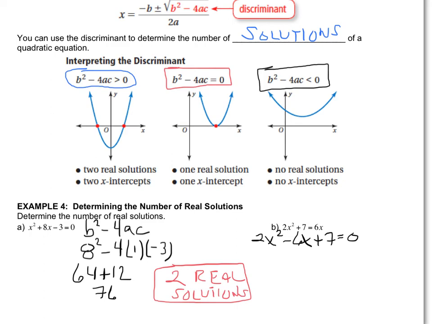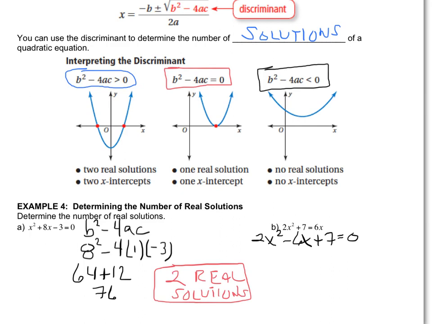And this is a lot of times where, by not moving it over, you plug your b value in as a positive 6 because you see the 6, or even sometimes you plug in a 7 because you see ax squared plus bx, and even though you know there's nothing with the 7, a lot of times we see that mistake. Put it into standard form so that you can see exactly what you are dealing with.